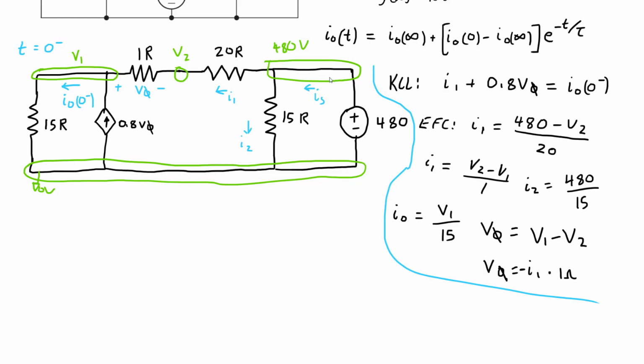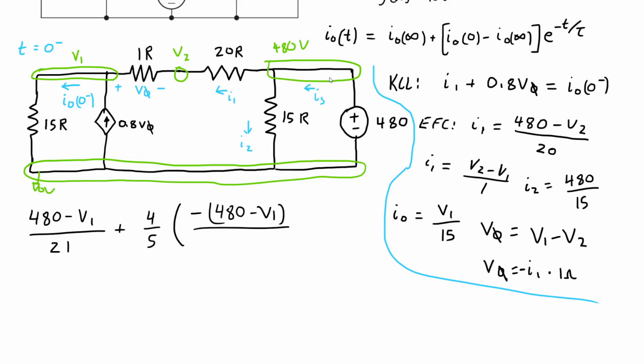So I'll go ahead and write out I1. I'm going to combine the two resistors, so it'll be 480 minus V1 over 21 plus 4/5, which is 0.8, and then minus I1, so we're going to have minus 480 minus V1 over 21 equals V1 over 15.